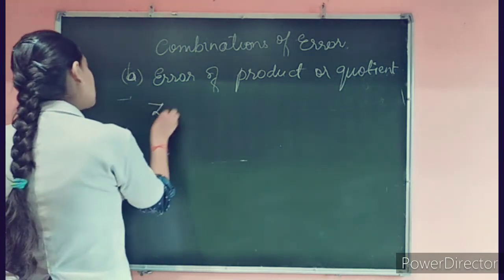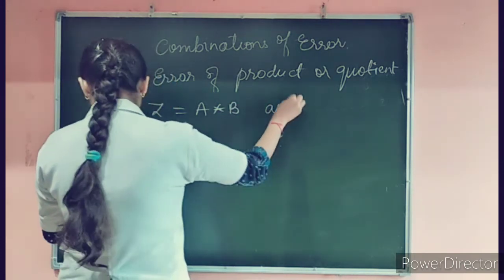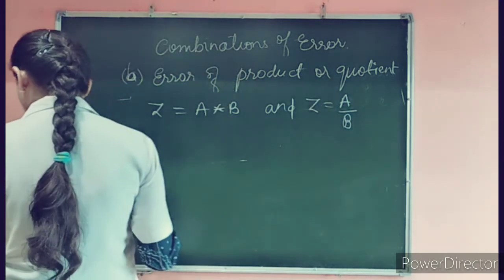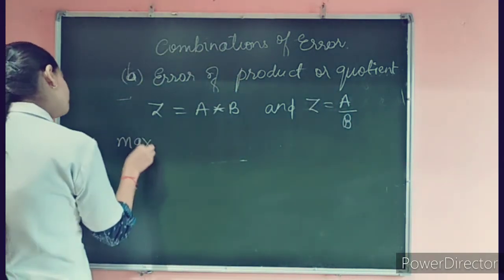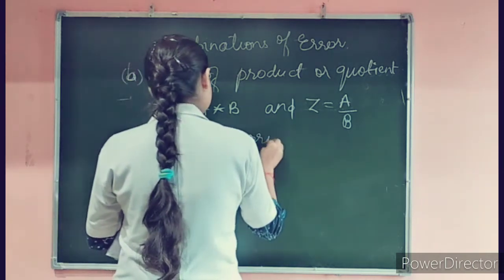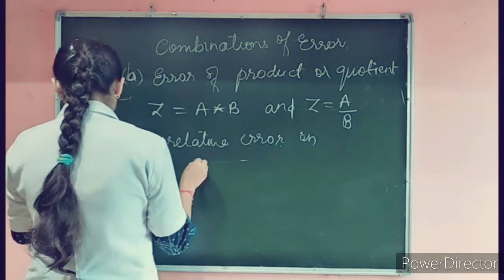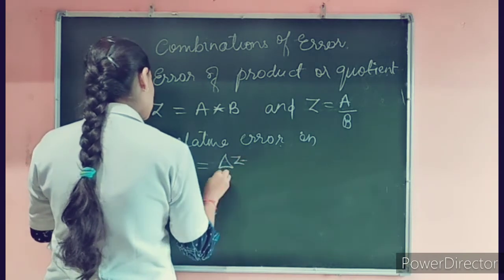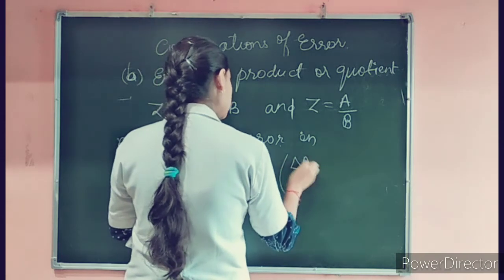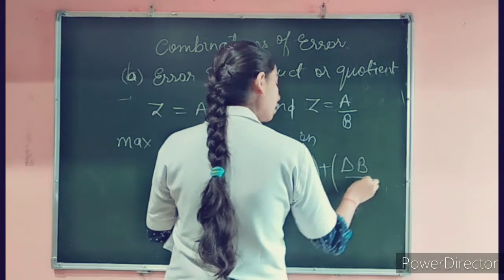Let us see, if z is equal to a into b, or z is equal to a upon b, then the relative error in z will be del z upon z, which is equal to del a upon a plus del b upon b.